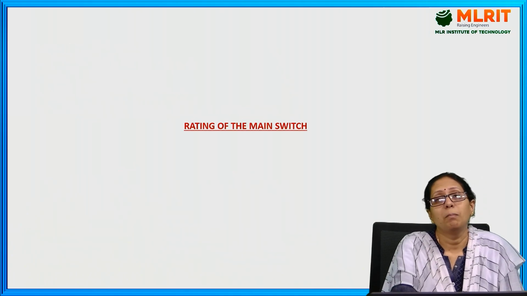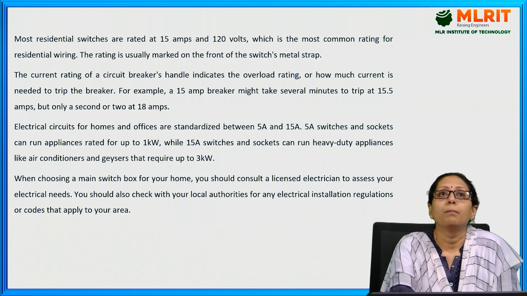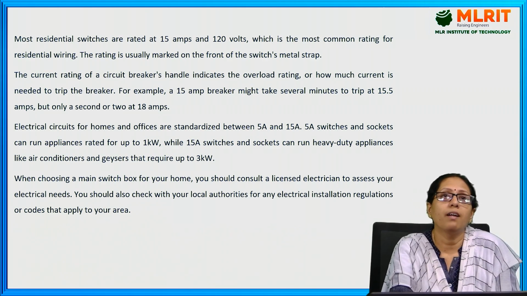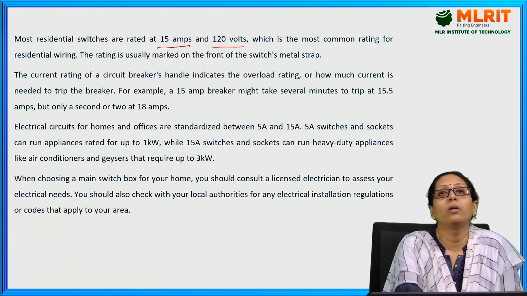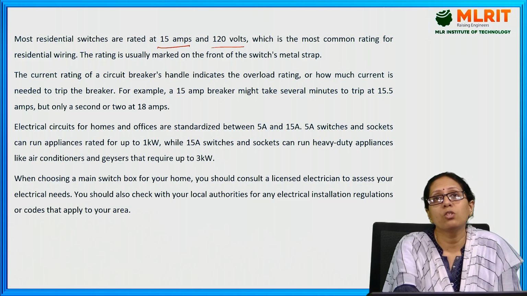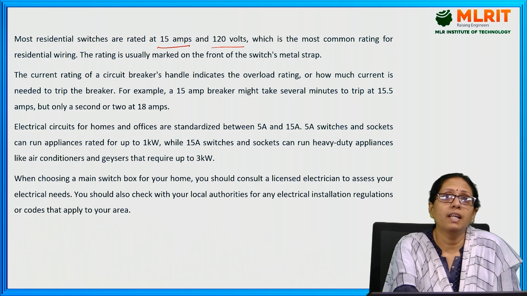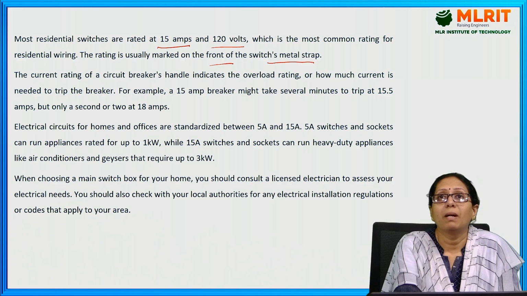Rating of the main switch. What is the rating of the main switch? Most residential switches are rated at 15 amperes with 120 volts, which is the most common rating for residential wiring. The rating is usually marked on the front of the switch metal strap.